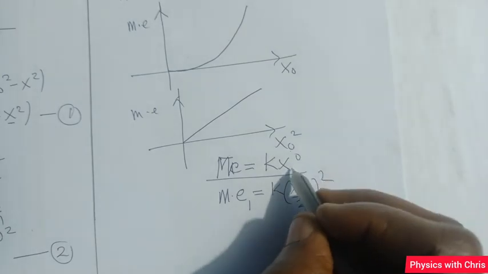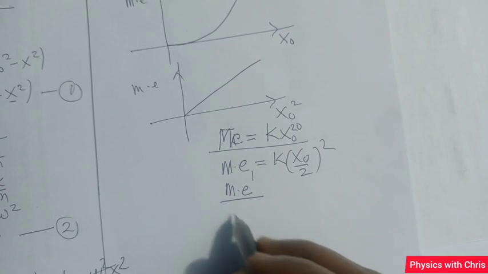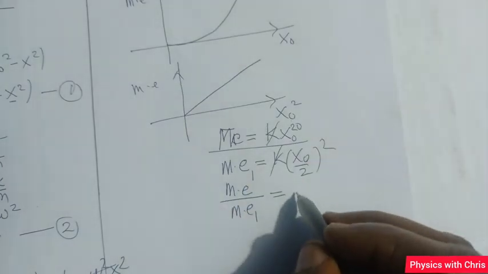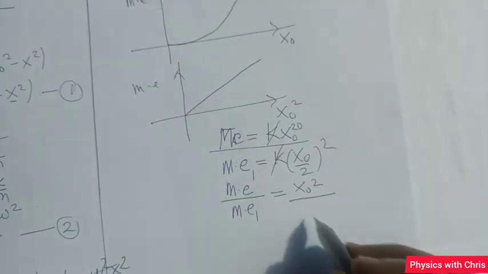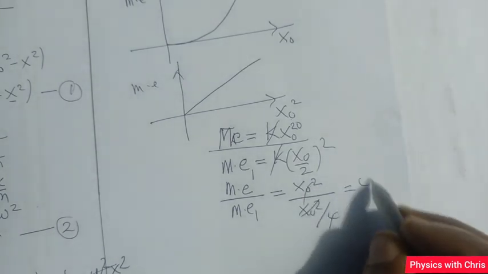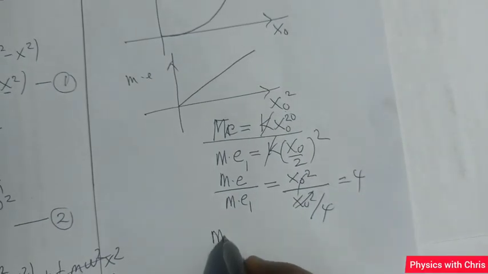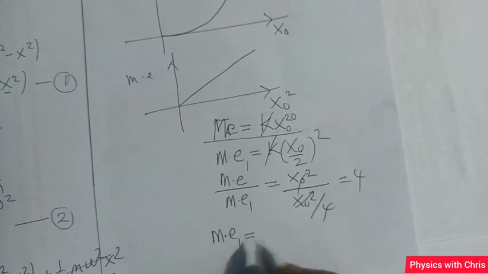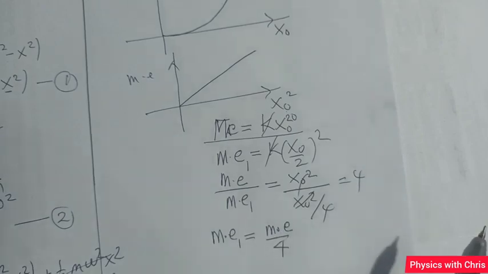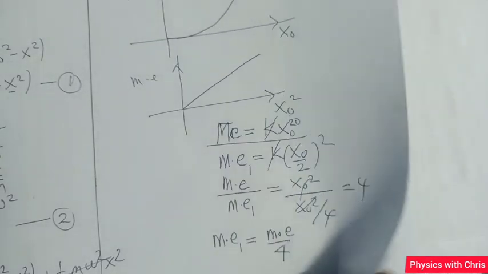If I compare these two equations, my initial mechanical energy over my final mechanical energy is equal to, the k cancels k, x naught squared over x naught squared over 4. This one cancels, and this 4 goes up. So you can see that if the amplitude is reduced by half, the total energy, which is ME1, will reduce by a factor of 4. That's the relationship between total energy and the amplitude of oscillation.